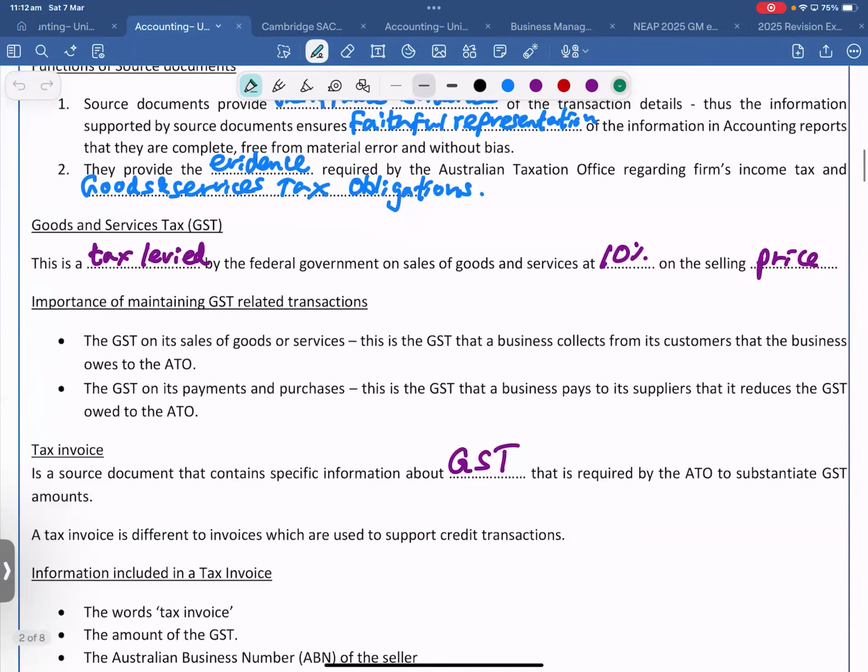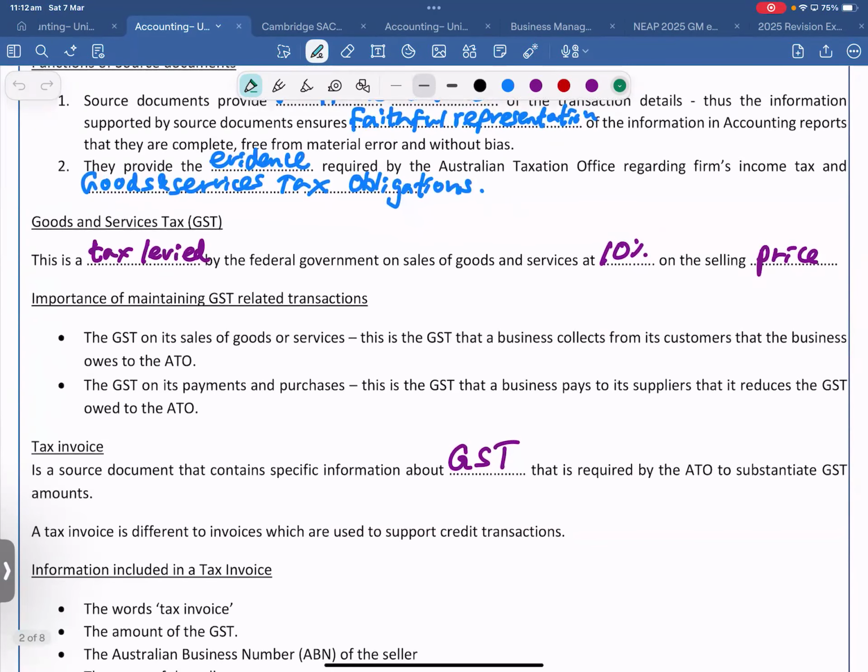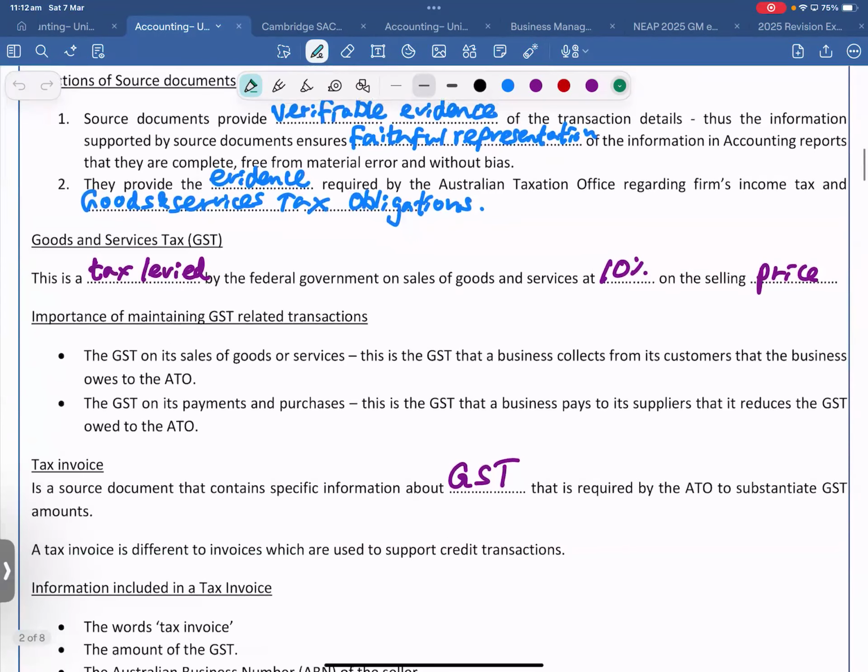Importance of making GST related transactions. Basically, why we need the GST is because two types of GST transactions are there. One is what we receive: we collect GST from where? From the goods and services for sale.